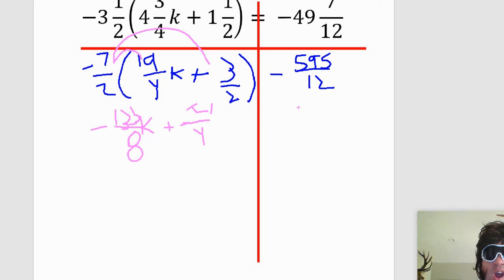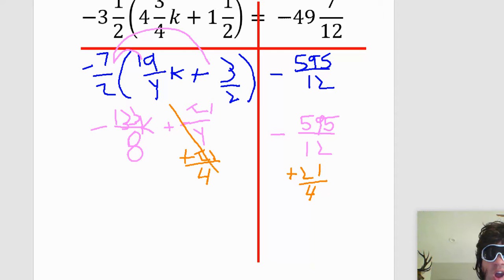All right. And then over here is still negative 595 twelfths. So now it says minus 21 fourths. So the opposite of negative 21 fourths would be, sorry, changing colors, add 21 fourths.